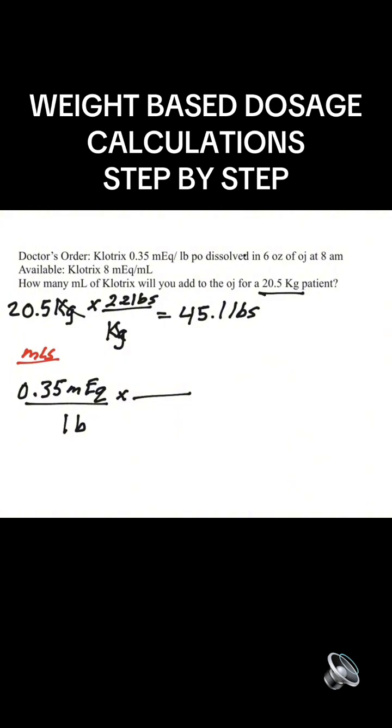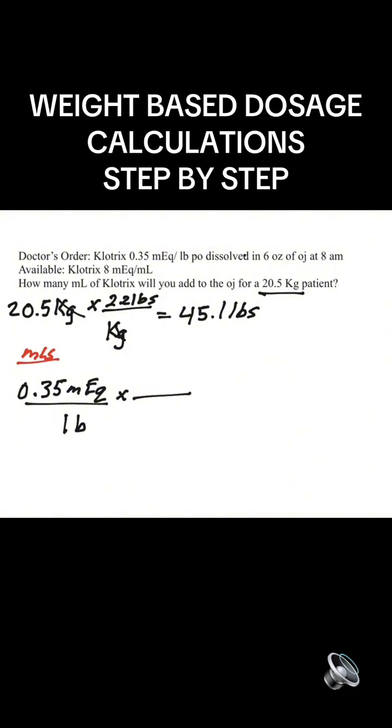All right, so we know that milliequivalents need to cancel out. So we're going to look in our problem and see, do we see milliequivalents somewhere? And what else needs to cancel out is pounds as well. So it's up to you whichever one you start with, but I'm going to go ahead and cancel out the milliequivalents first.